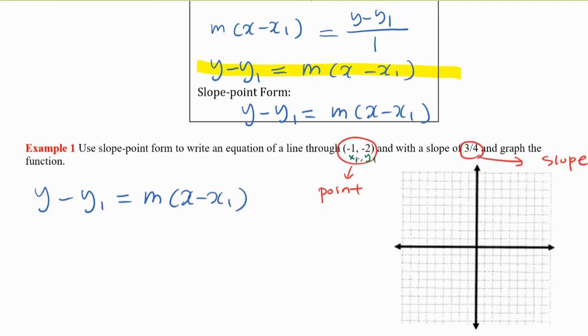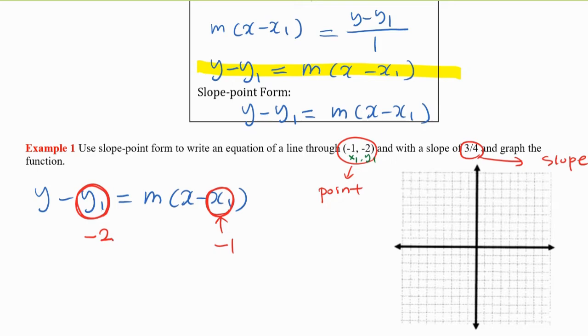What is x1? x1 is -1. And what is y1? y1 is -2. So we're going to write -1 for x1 and -2 for y1.